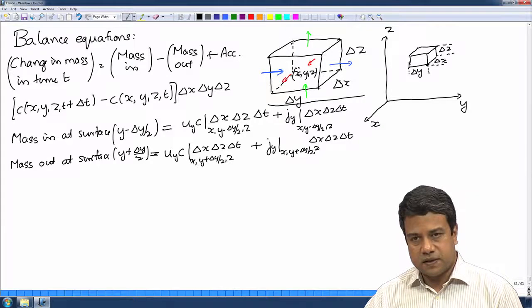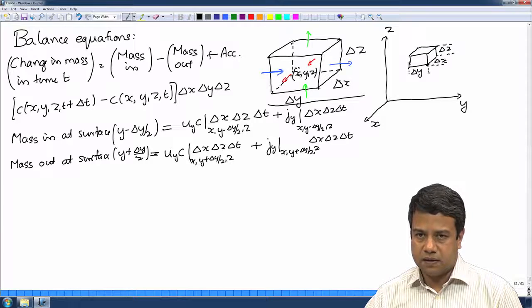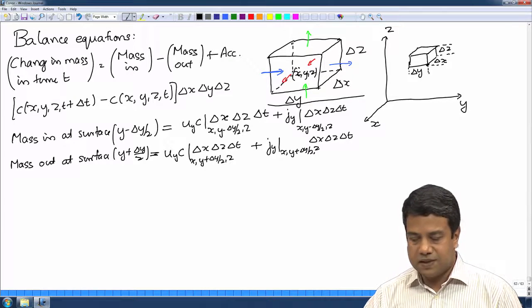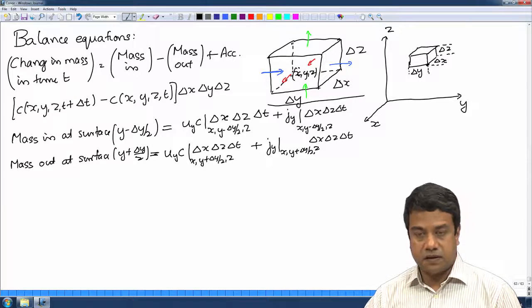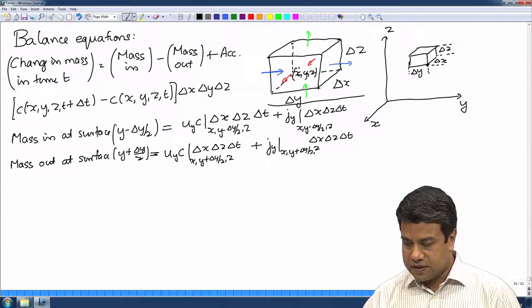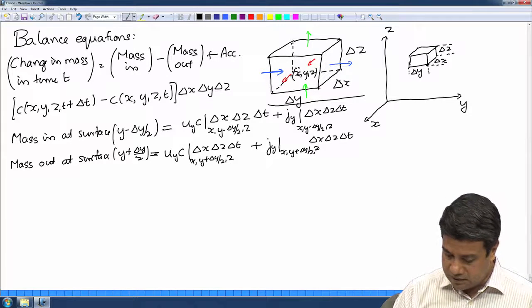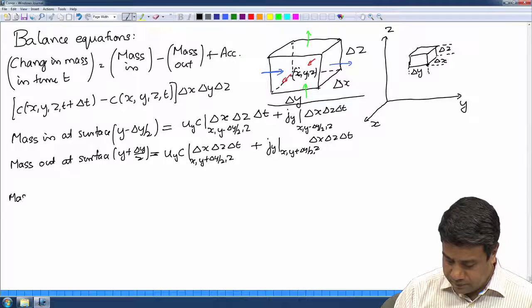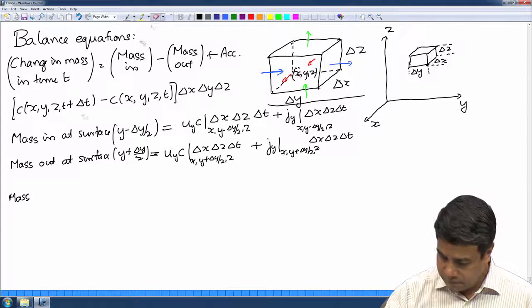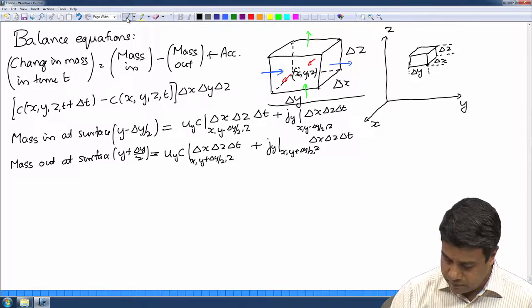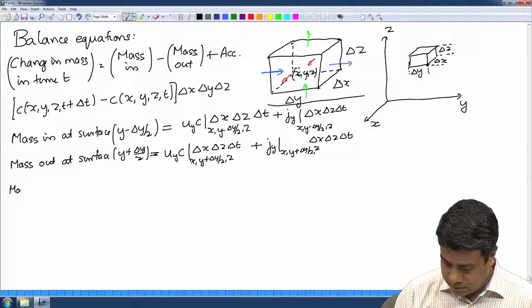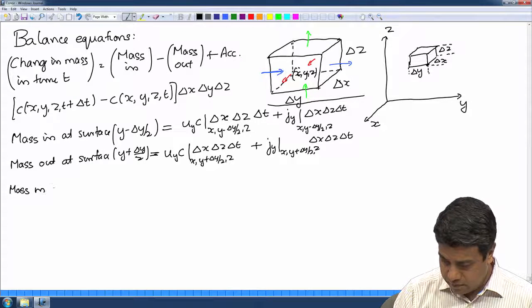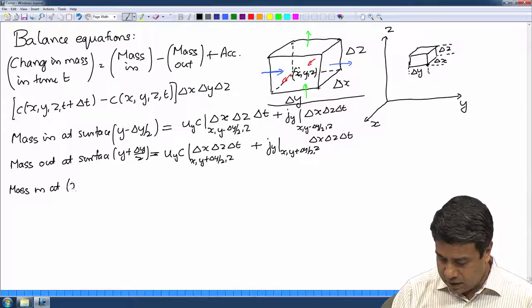So, that is at the surfaces on the left and the right. You can do the same thing for the surfaces at the front and the rear. The surface at the rear is the surface at x minus delta x by 2.